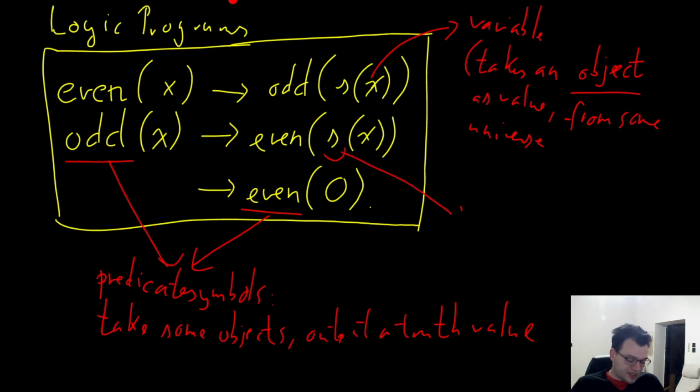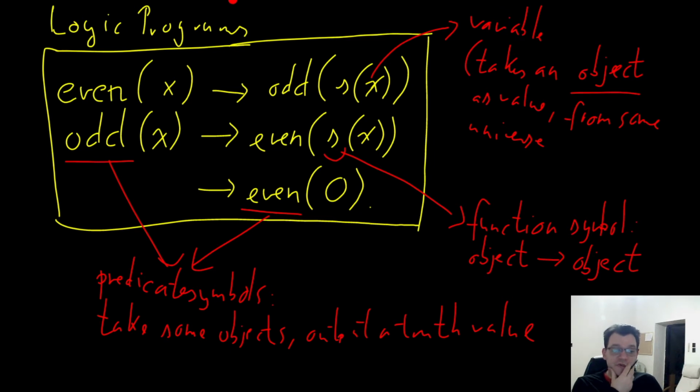So this S here is a function symbol. Function symbols will denote functions, which will take some objects as input and output an object. So it's basically an object to object mapping.